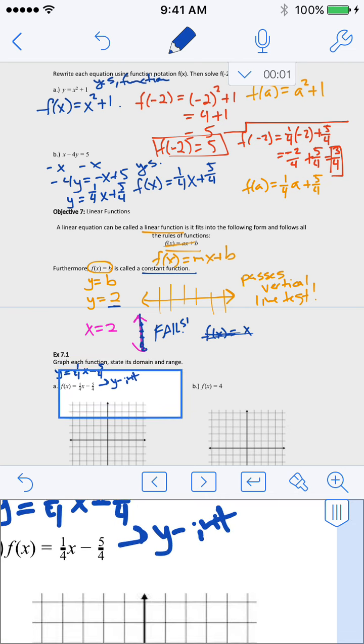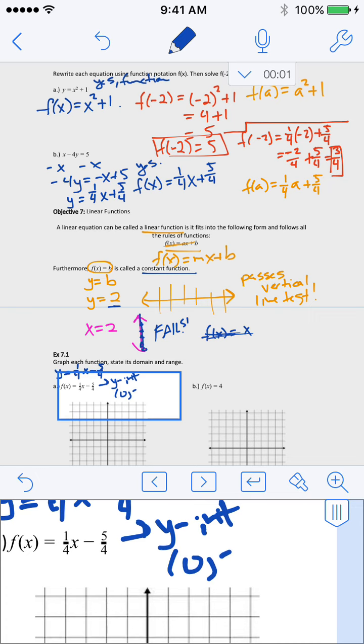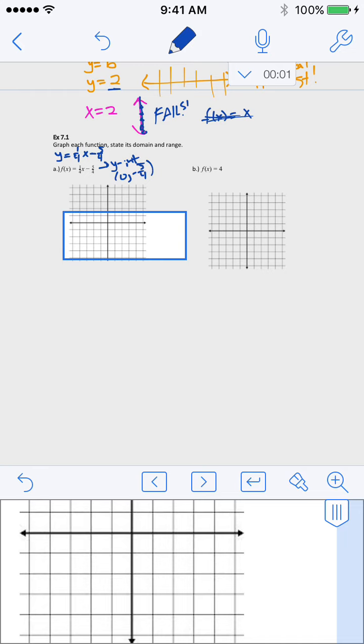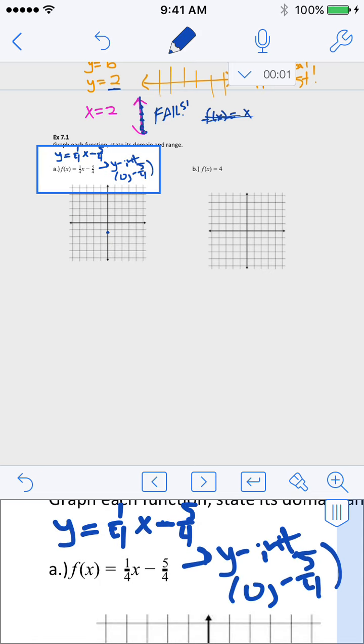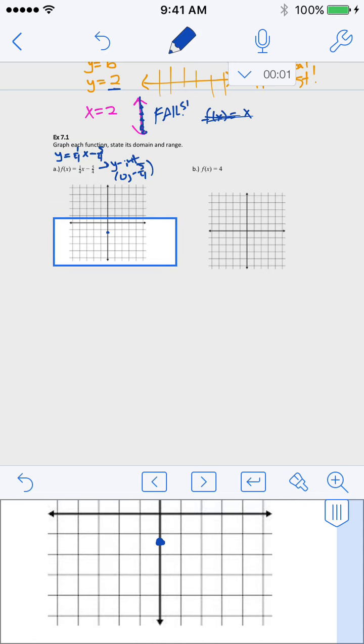Here's my y-intercept, 0, comma, negative 5/4. That means I'm going to go down a whole 4/4 and another fourth, so right about there. Then I have a slope of 1/4, which means from my starting point, I'm going to go up 1 and over 4.